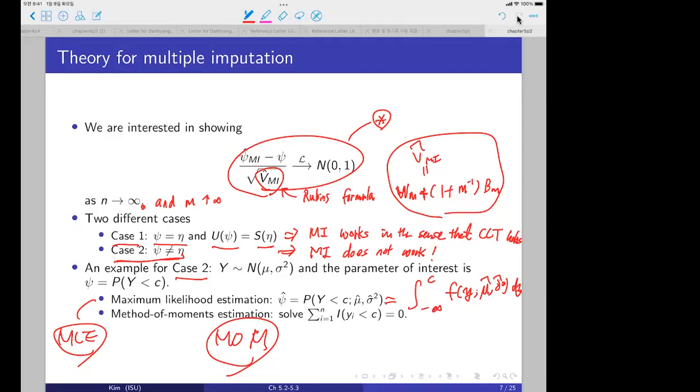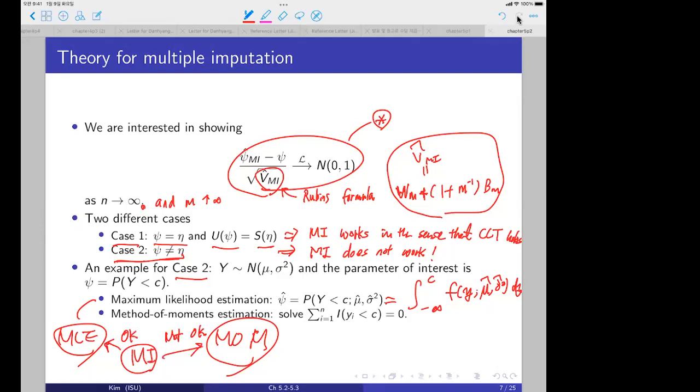This one is case 1. This one is case 2. So the bottom line is MI works for MLE, but does not work for the method of moment estimator.